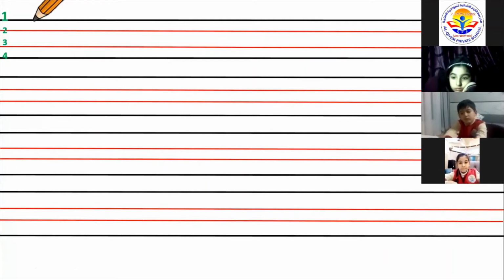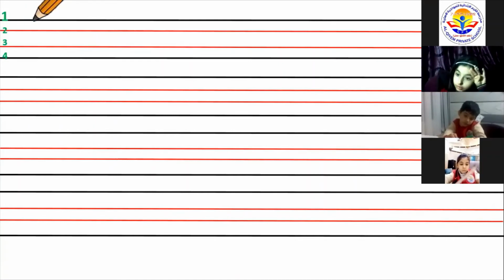Again. So now let's learn how to write the letter in the correct way. First we have to put the pencil on the first line and then draw a short horizontal line on the first line.